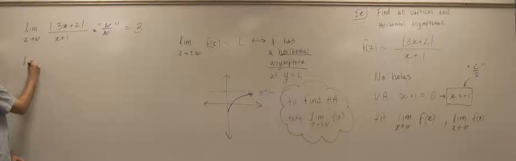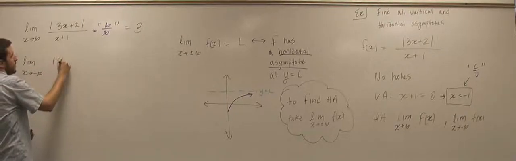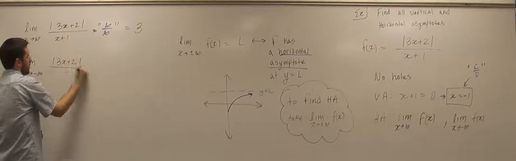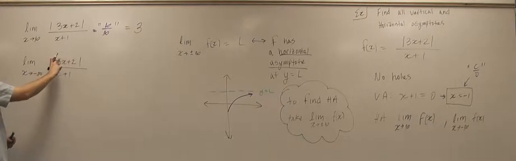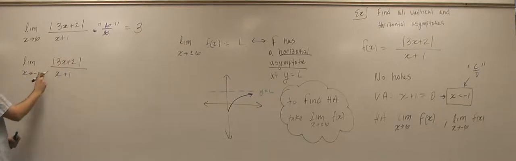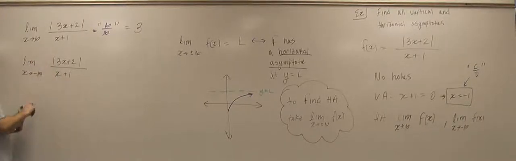What changes when you go to negative infinity? You still have the ratio of these coefficients, 3 over 1, but now since you're going to negative infinity, the bottom's going to a negative number. The bottom's always going to be negative. The top's always going to be positive.